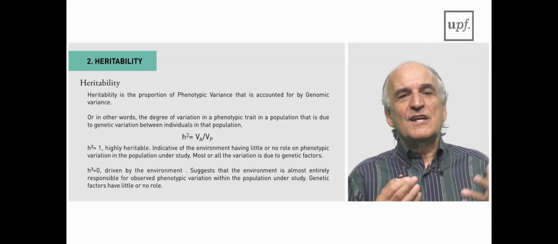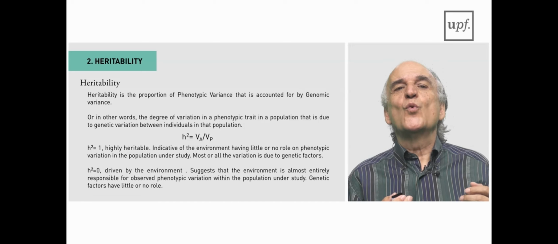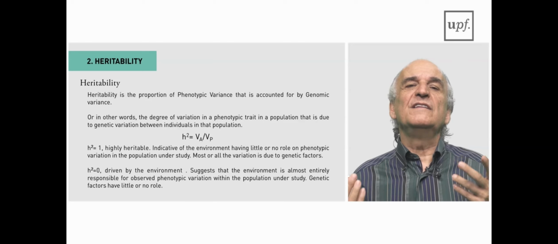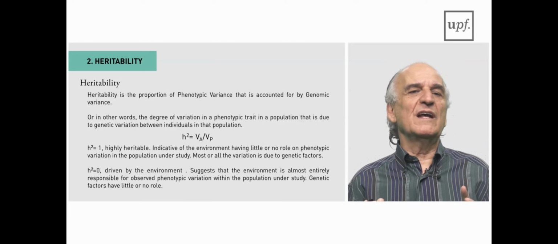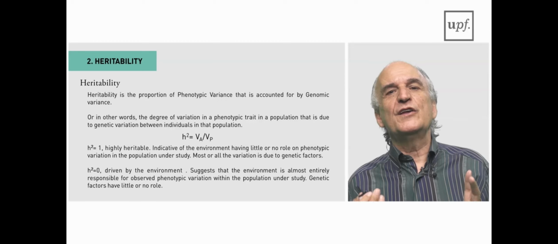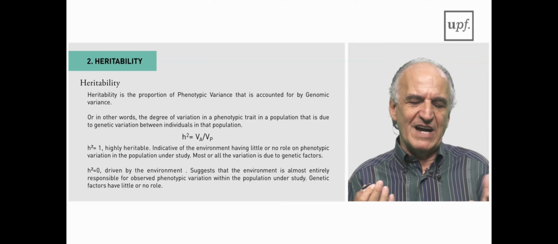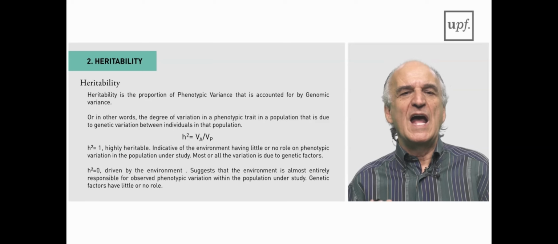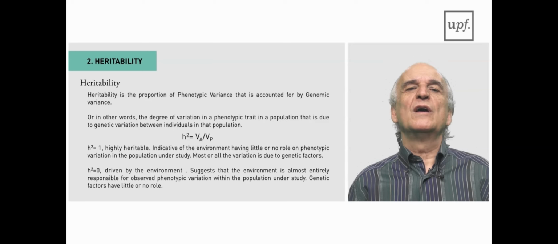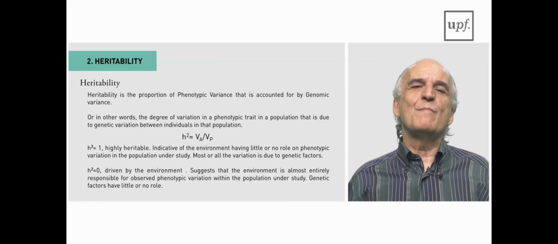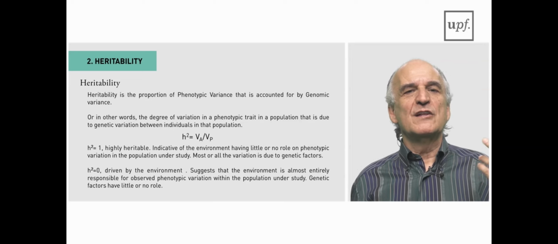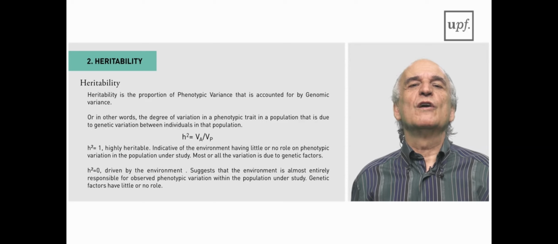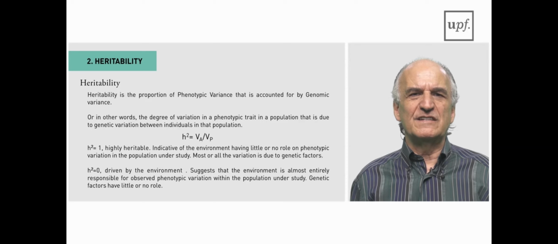If we have an h squared equal to 1, it means that high heritability indicates that the environment has very little importance in the phenotype variation, and h squared equal to 0 is driven basically by the environment. In this case, the genome doesn't account for the variation of the trait.